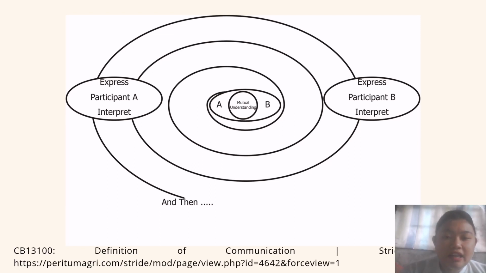There is no beginning and no end. So basically, the participant A and the participant B give messages to one another, and if ever they achieve the mutual understanding that they wanted to achieve in the process, then it is called the Kincaid's model of communication.